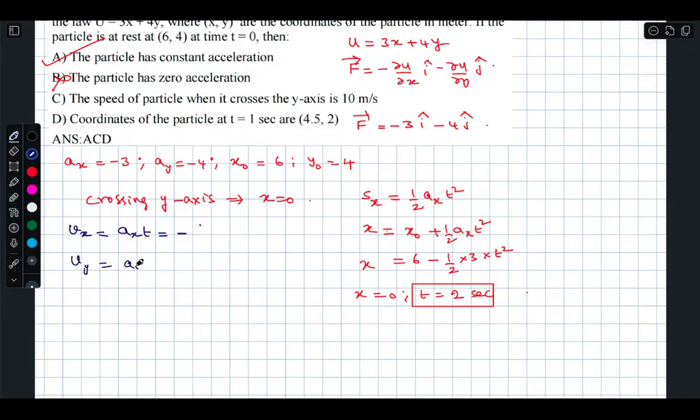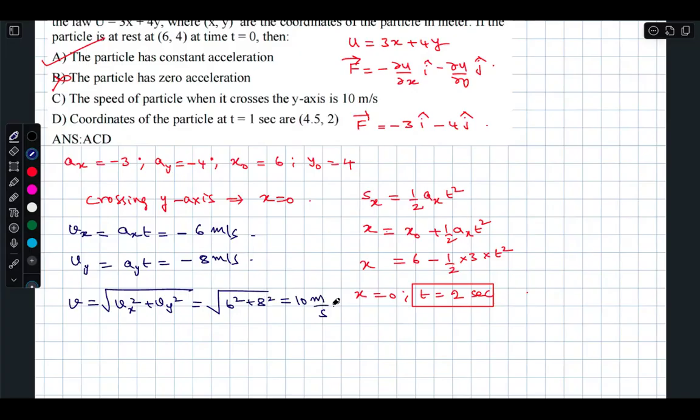Vy is ayt, minus 8 meter per second. V is 10 meter per second.